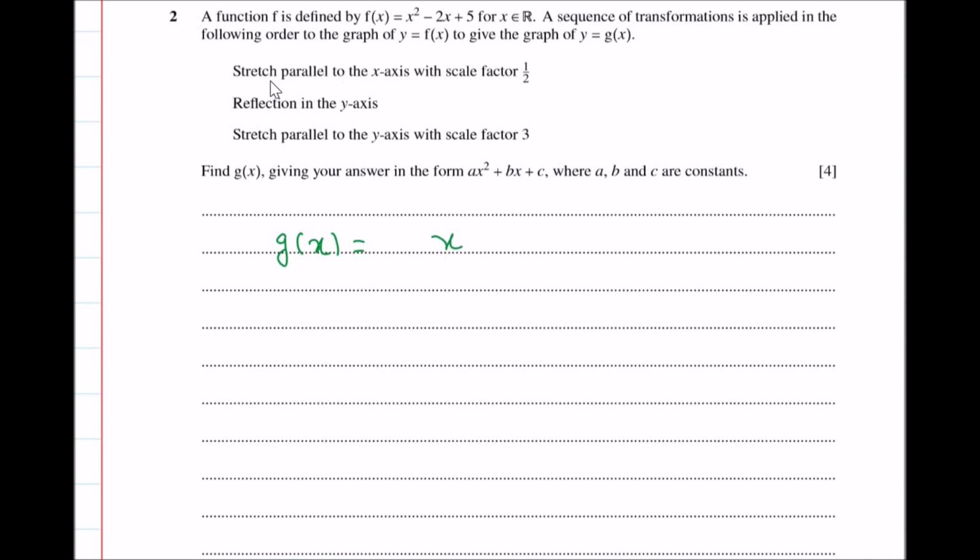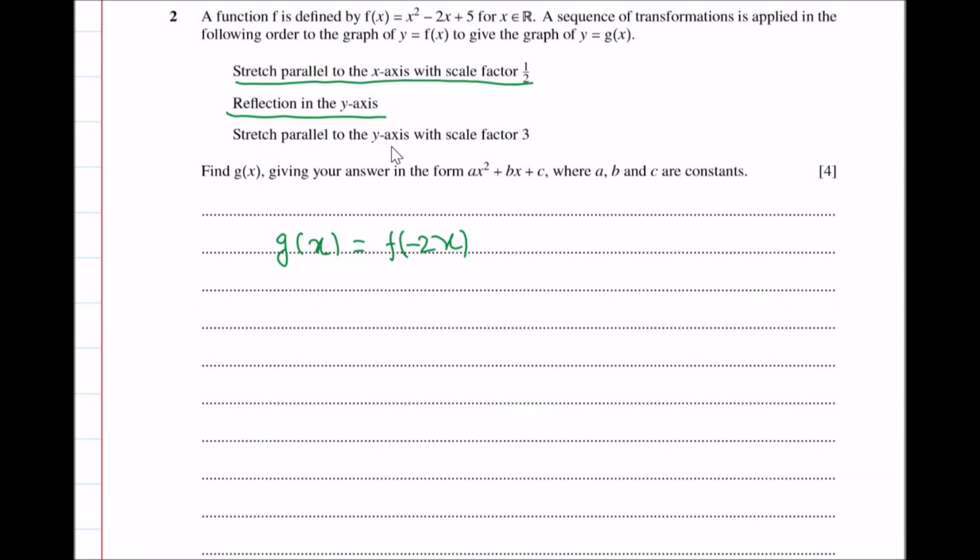Now you see the first transformation. What is happening? Stretch parallel to the x-axis with scale factor half. In that case, what happens? Multiply by 2. The x will be multiplied with 2. This is the meaning. Now reflection in the y-axis means that will be negative, so multiply with minus 1. So minus 2x, right? And this is our f of minus 2x.